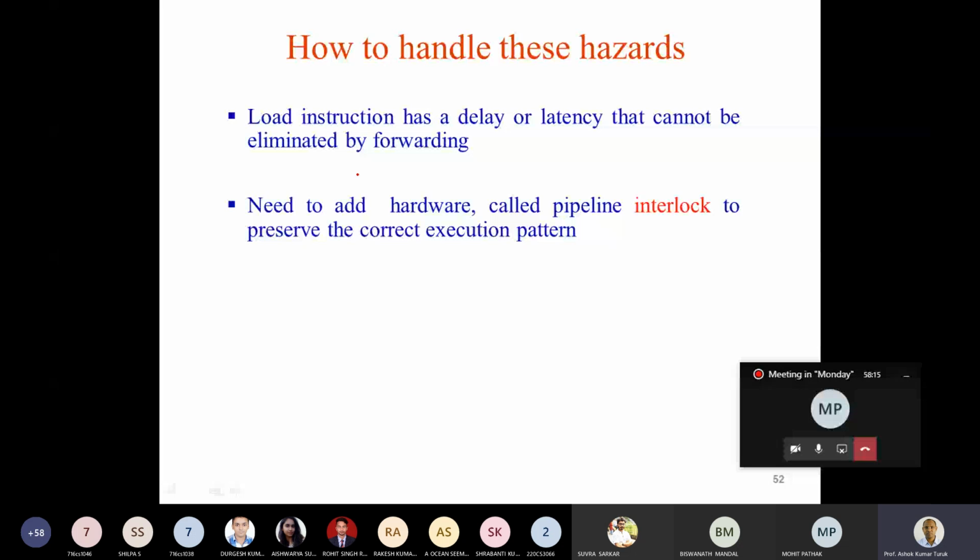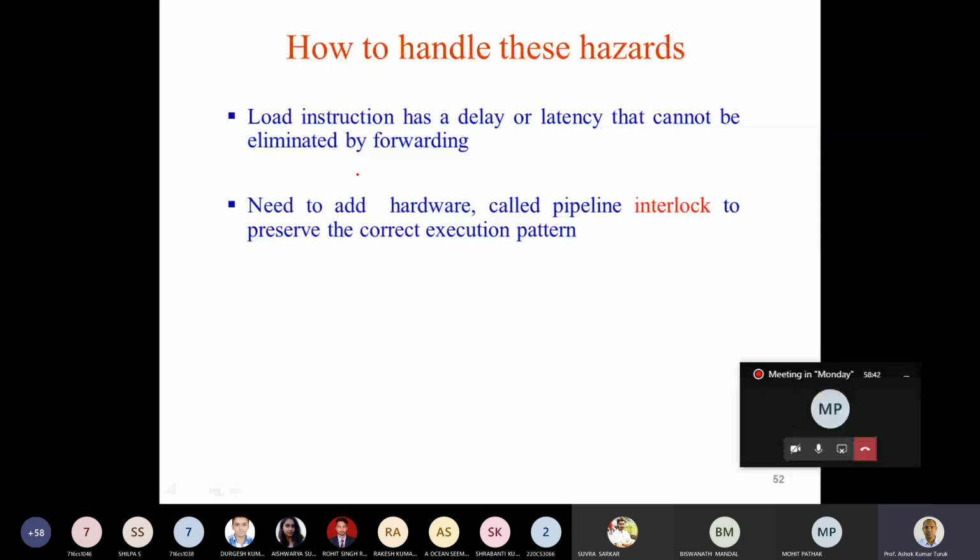pattern. Now, in the previous example, if the subtract instruction were to proceed in execution, then the value of R1 would not be from the load instruction, but some old value contained in register R1. So the pipeline interlock preserves the correct execution pattern. How does it do that?